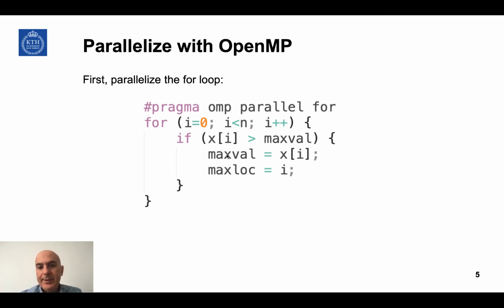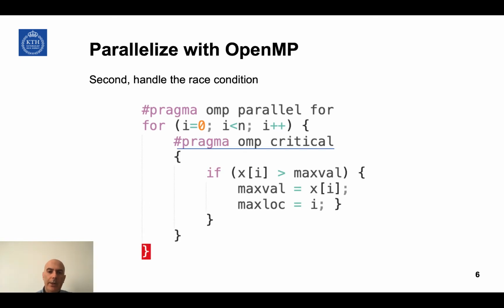Each thread might update maxval and MaxLoc at the same time, so there is a race condition. How do you fix this? We introduce a critical section, allowing only one thread at a time to update the values of maxval and MaxLoc. So here we have the loop, and then we add the pragma omp critical.